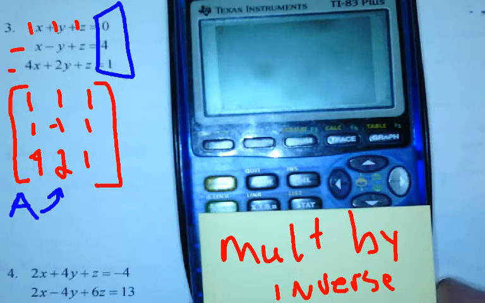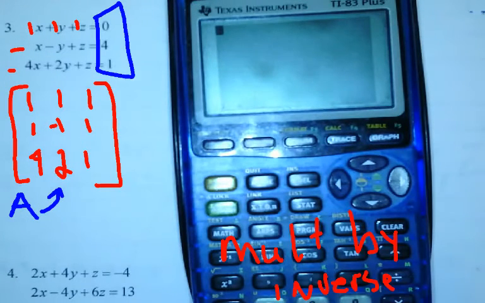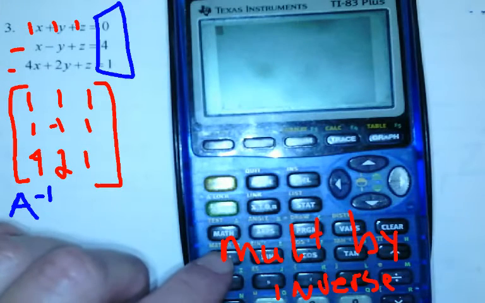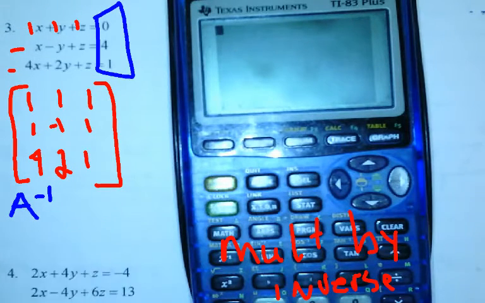So I have to do this little thing right here. This key, the -1 power key, is the inverse matrix key.